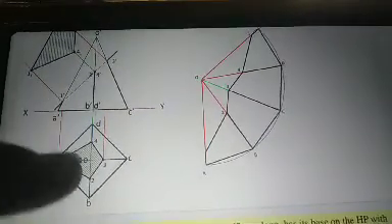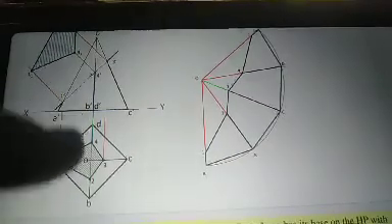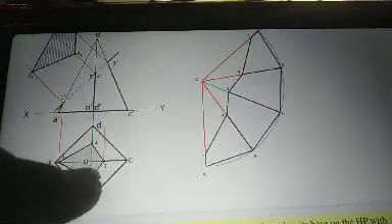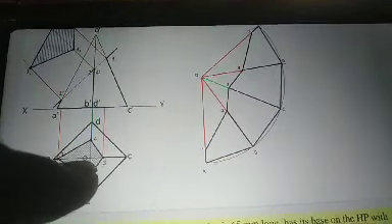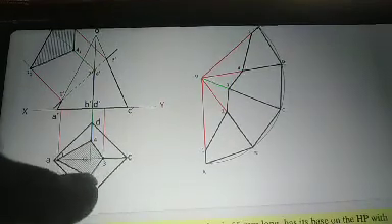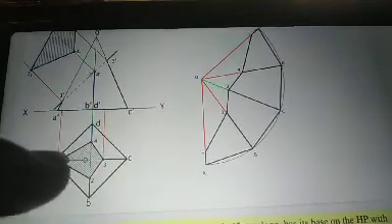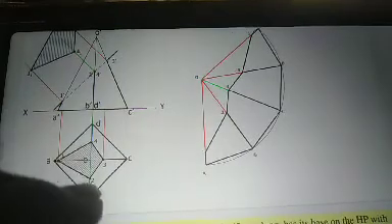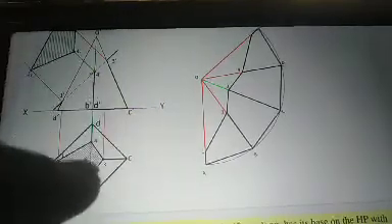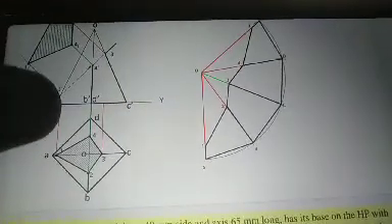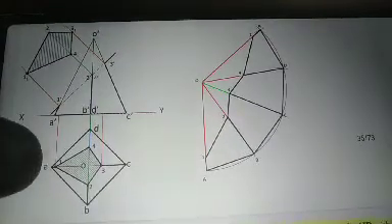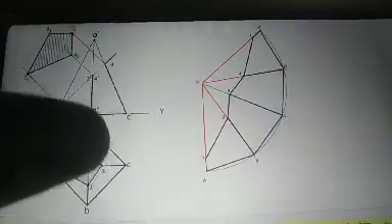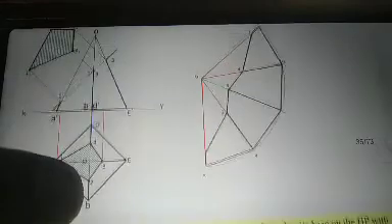Now connect all these points A, B, C, D at a center, which is center point O, and you will get this center point. After connecting all these points A, B, C, D, you will get O, which is the axis of that pyramid. Now take the projections of all these points: A on the top, C on the top, B and D on the top.